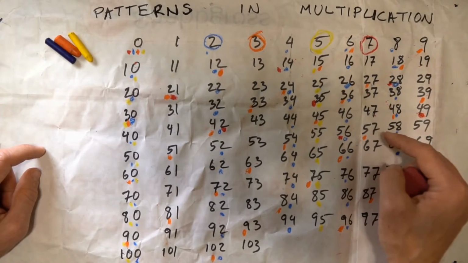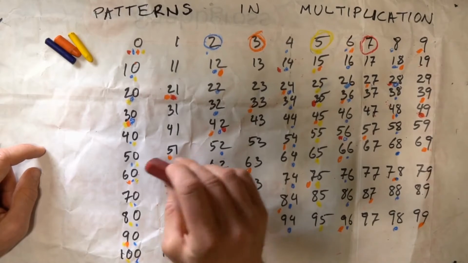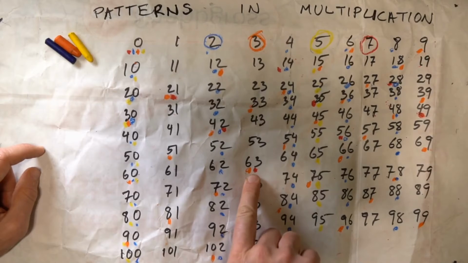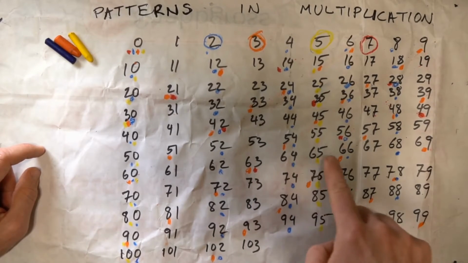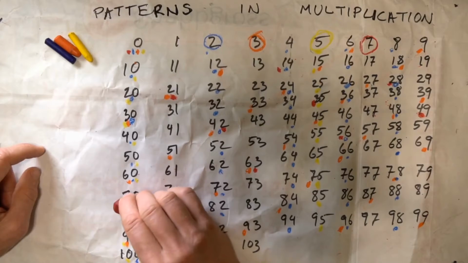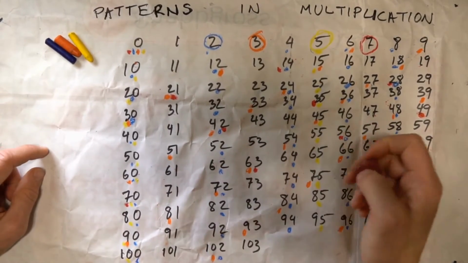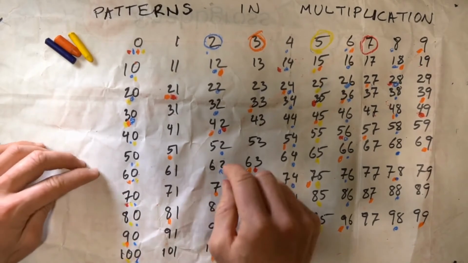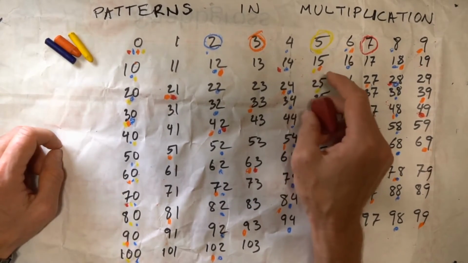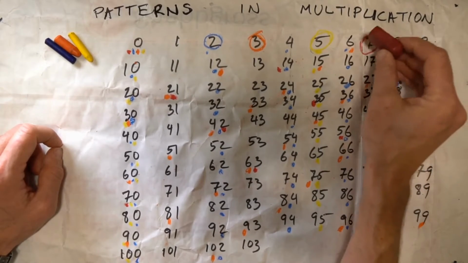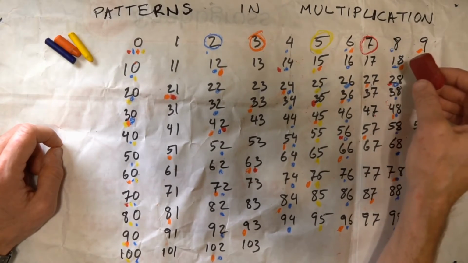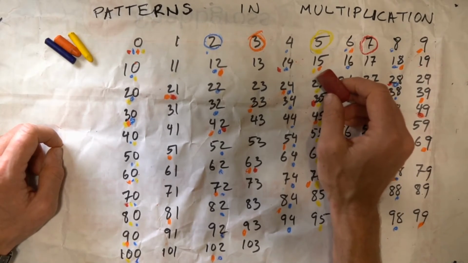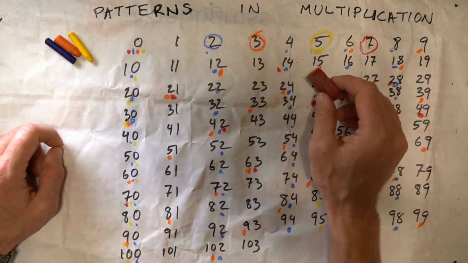Anyway, 9 times 7. So you have divisible by 3 and divisible by 7. 70, and divisible by 10. Let's see if we find a pattern here. 5 times 2 times 7. Yeah, this is a tricky one, but you have sort of the knight in chess pattern.